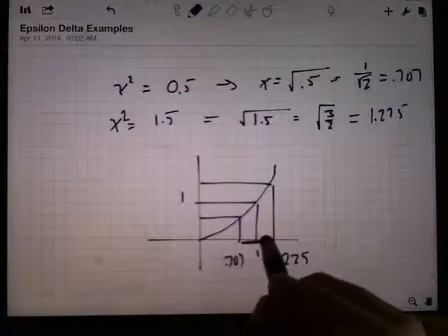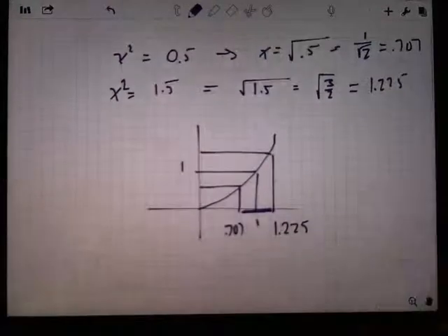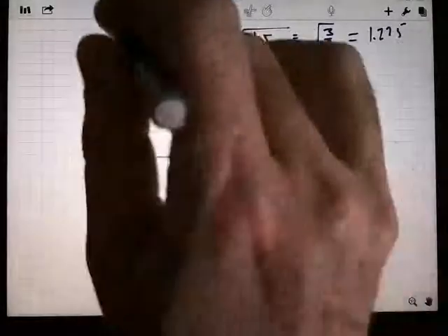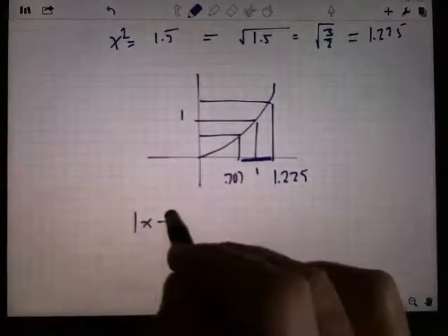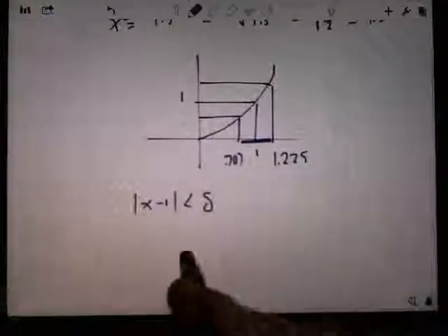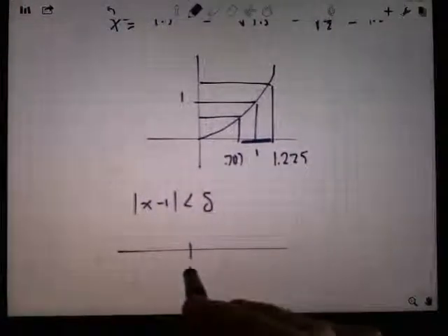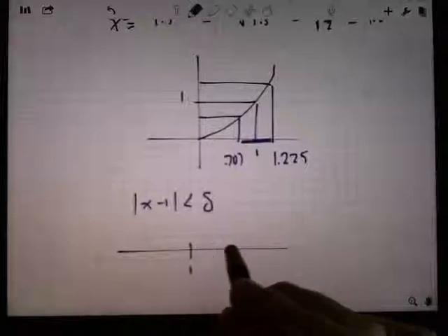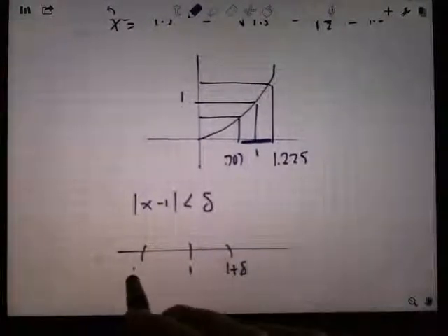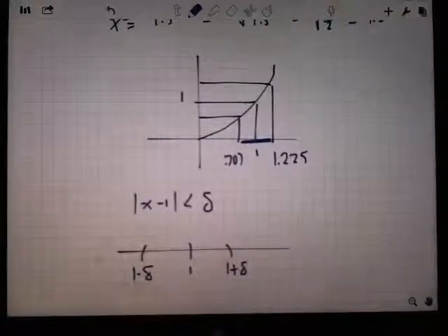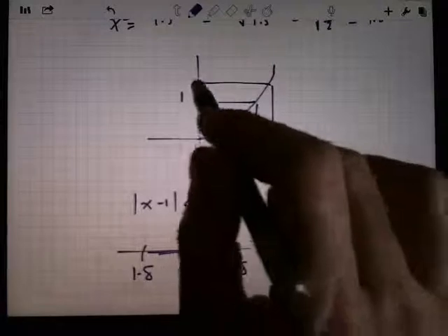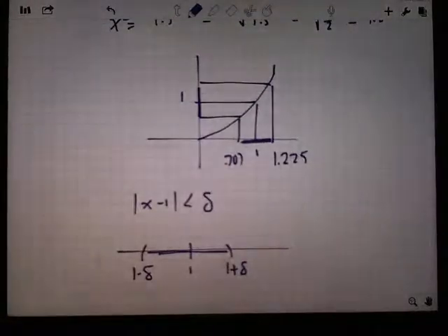Okay. However, delta, when they talk about that x, the absolute value of x minus 1 is less than delta. This is describing an interval on the x-axis that's centered at 1 and has radius delta. So you go out 1 plus delta to 1 minus delta. And what I want is all the x's in this range to give me y values in that range.